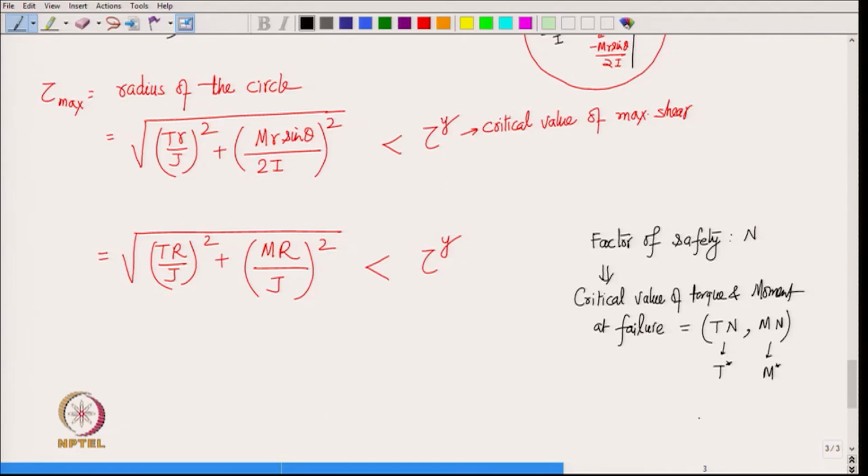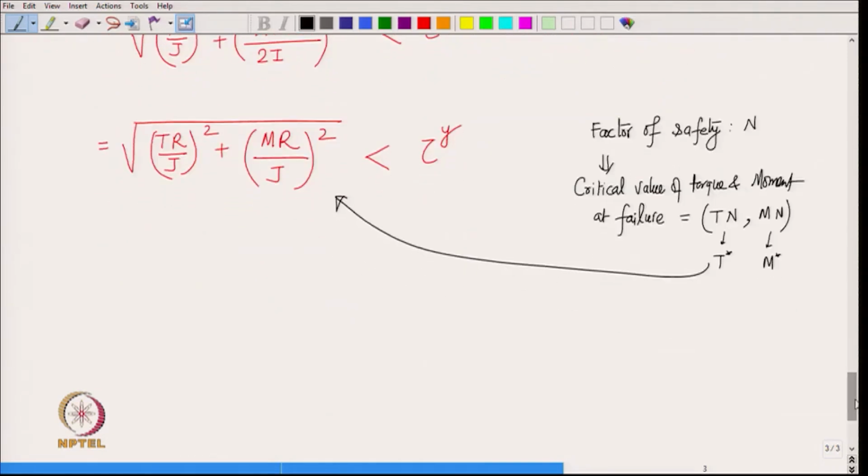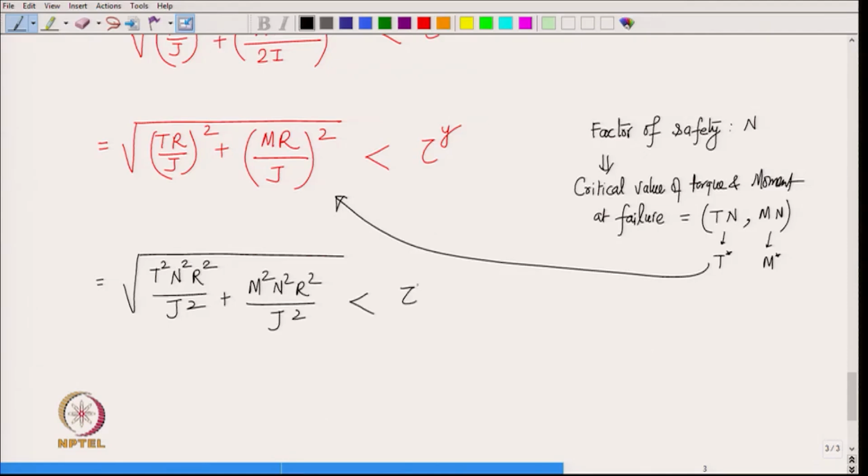So, in our formula back here, we have to substitute T star and M star, the pair for which it is going to fail. So, we come back here and then this becomes T square n square r square by J square plus M square n square r square by J square, that is less than tau y.